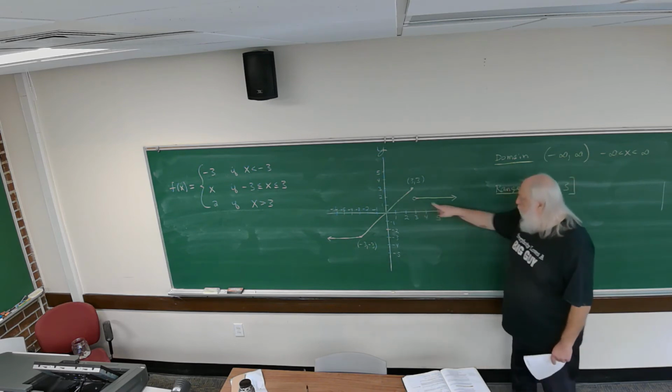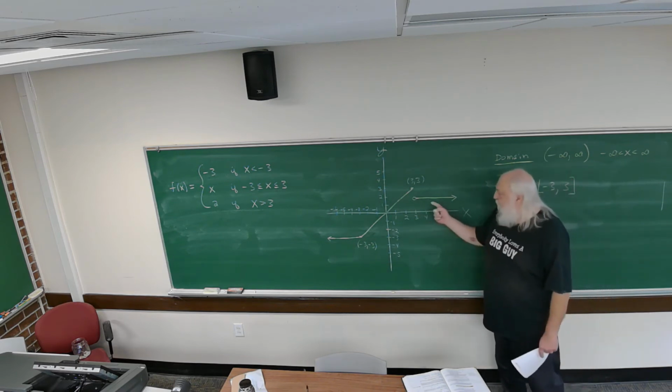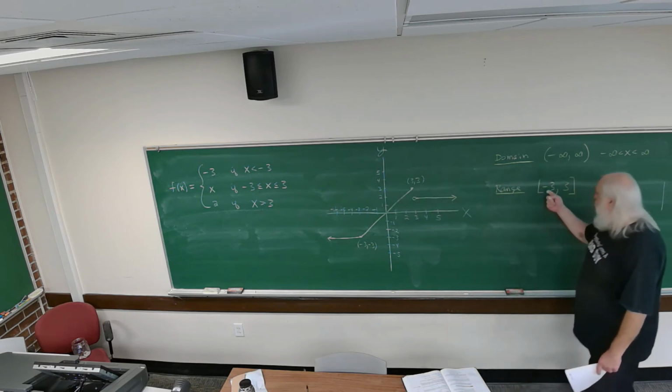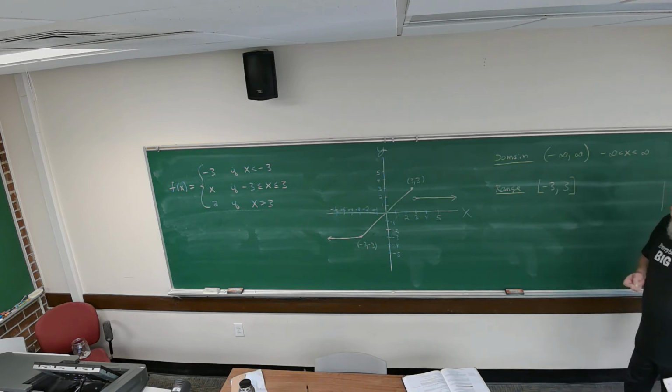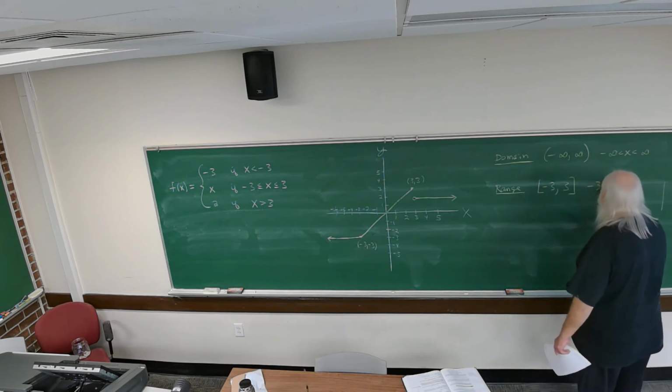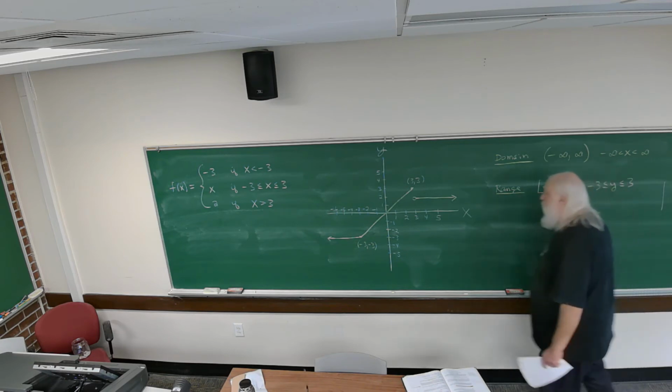And this part of the graph has y coordinates of plus 2, and plus 2 is between minus 3 and plus 3. So the range for this function is minus 3 to plus 3. y is greater than or equal to negative 3, and less than or equal to plus 3.